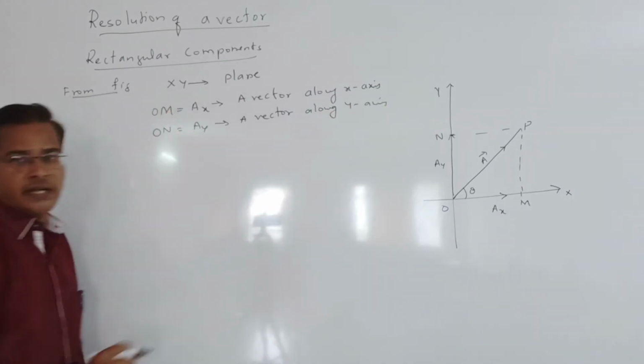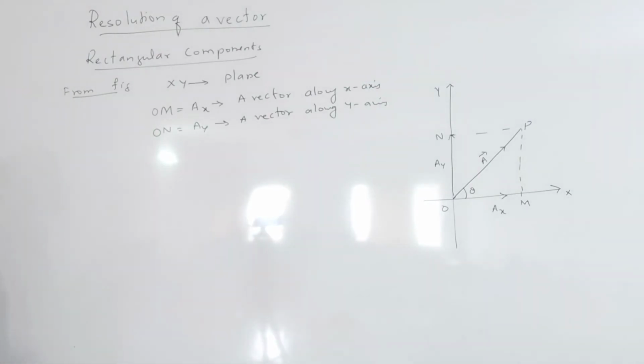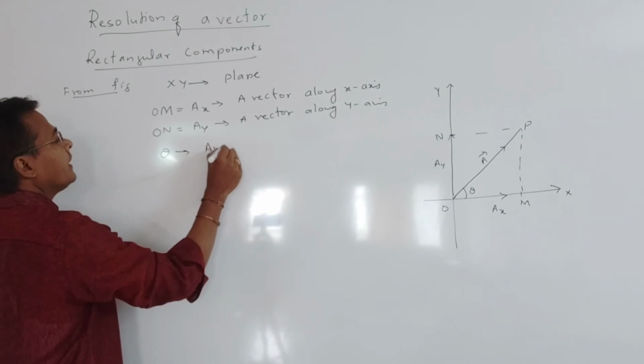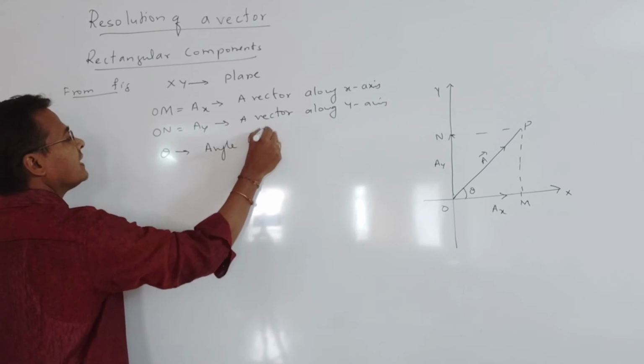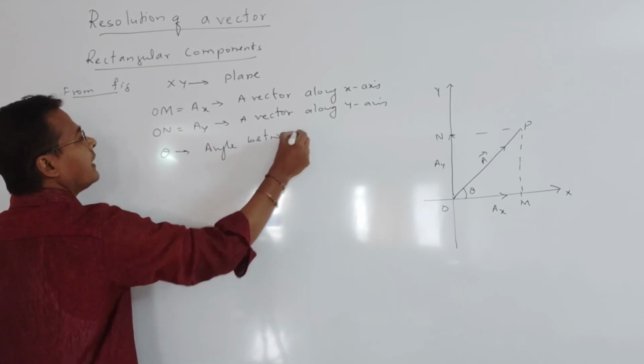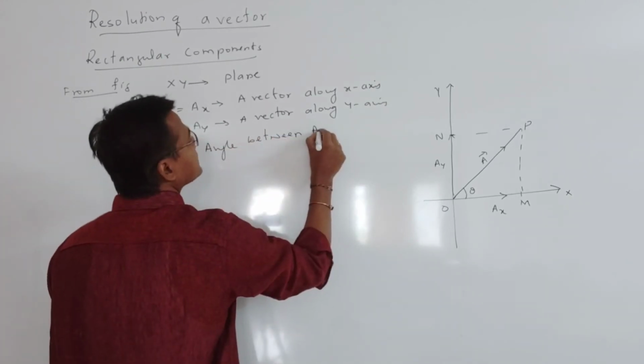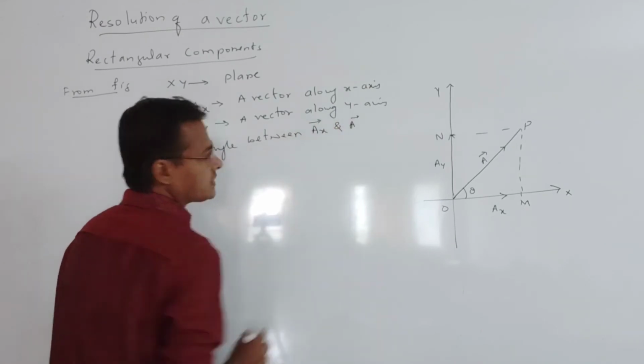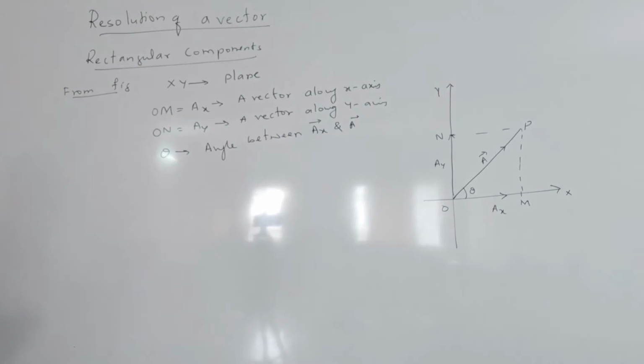Theta is the angle between the Ax vector and the A vector. Followed?